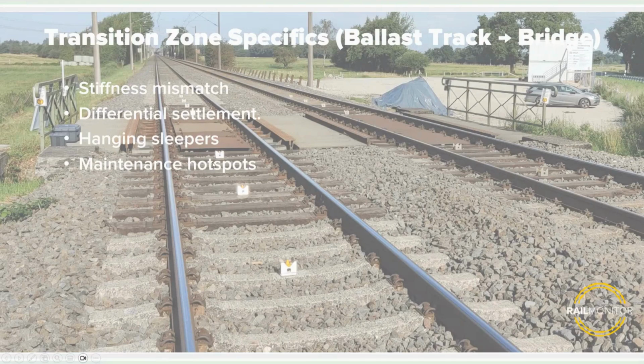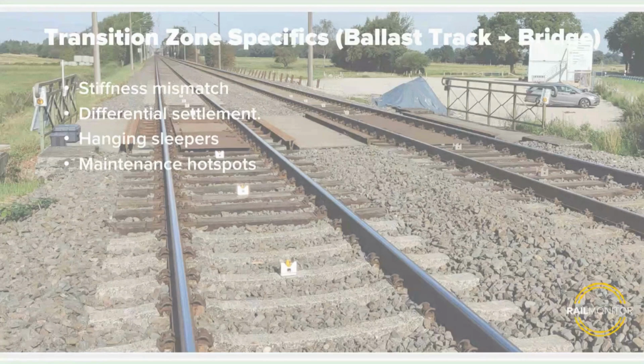What you see here is actually a situation where we have installed sensors on both sides of this bridge to monitor these voids, and to be able to notify if the voids are getting heavier over time.